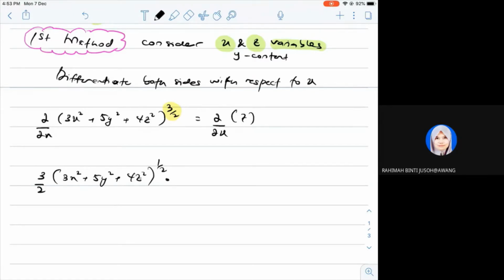Multiply by the derivative inside the bracket. Differentiating 3x squared, we get 6x.